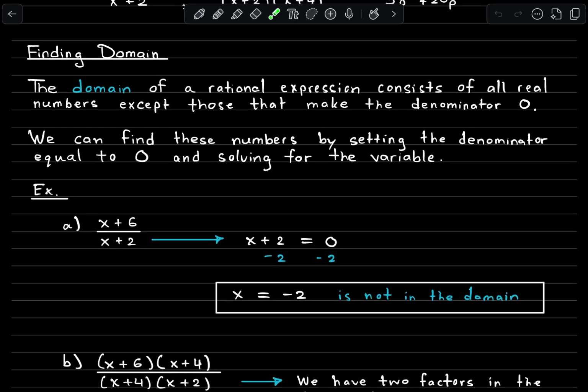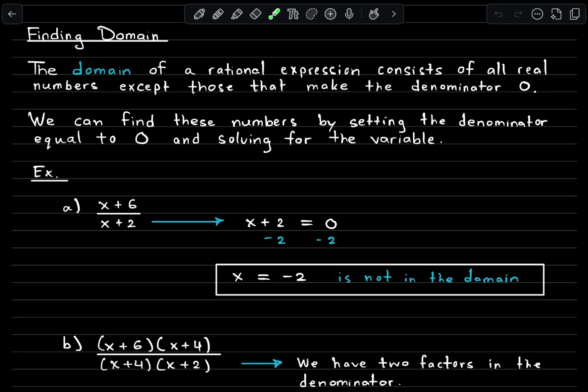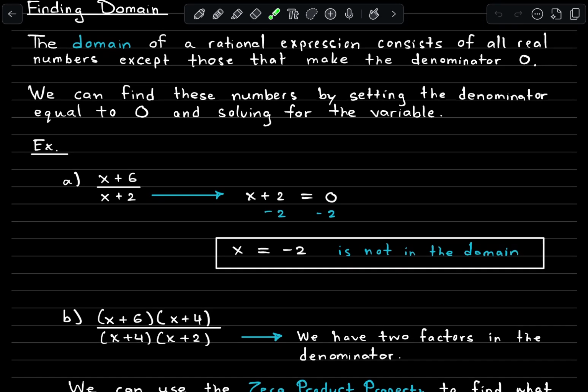You've got x plus 6 times x plus 4 divided by x plus 4 times x plus 2. So now you have two factors in the denominator here, x plus 4 and x plus 2. Now either one of these factors might have an x value that could turn this whole thing into 0. Okay?